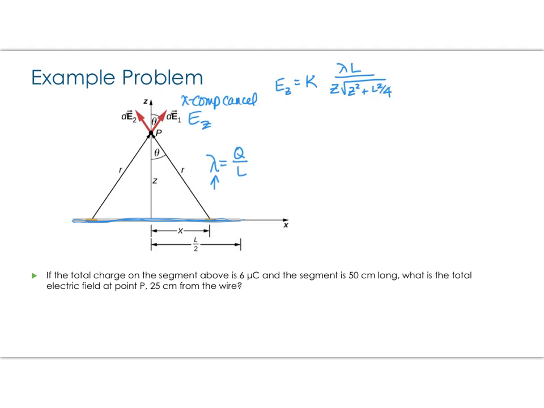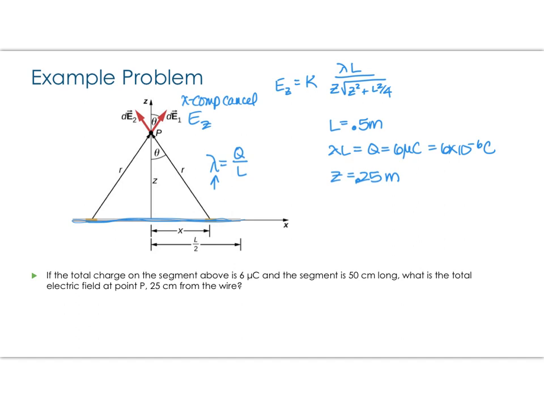This is the equation that we have for our particular problem. L is 0.5 meters. Lambda times L would be the total charge, which would be 6 microcoulombs, or 6 times 10 to the minus 6 coulombs. And our Z value is 25 centimeters, or 0.25 meters.